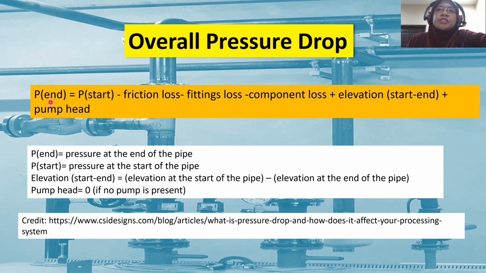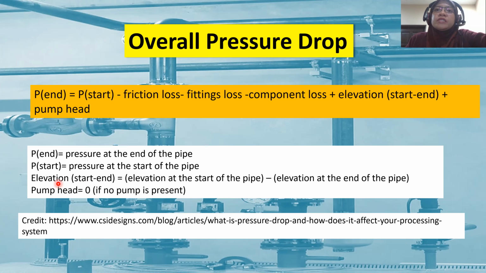From this equation, it shows that the pressure at the end of the pipe is equal to the pressure at the start of the pipe, minus the friction loss, minus the fitting loss, minus the component loss, plus the elevation difference between the start and the end of the pipe, plus the pump head.